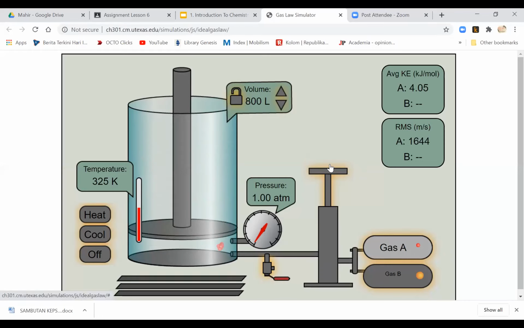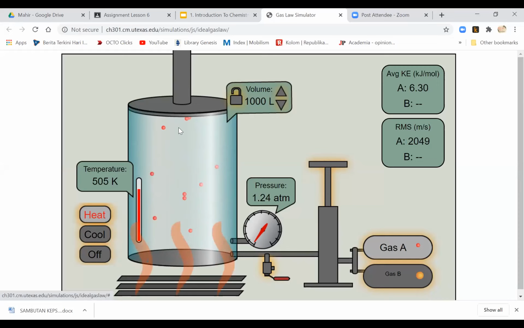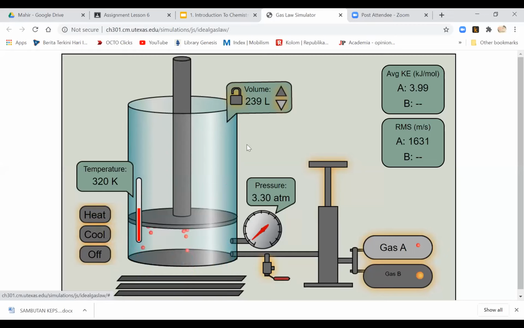Sorry, I have to give more gas. When I, for example, heat it, what happened to the particle? We learn this explanation in theory or law? The movement of the particle when I heat it or cool it or decrease the volume. Theory.